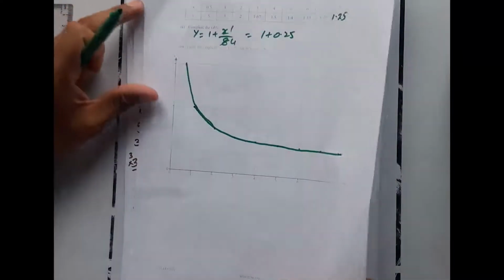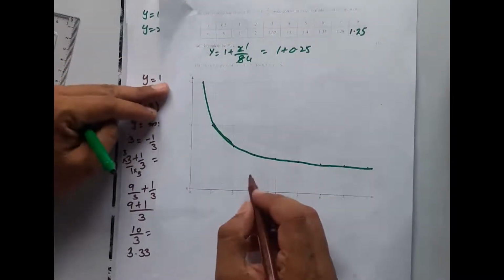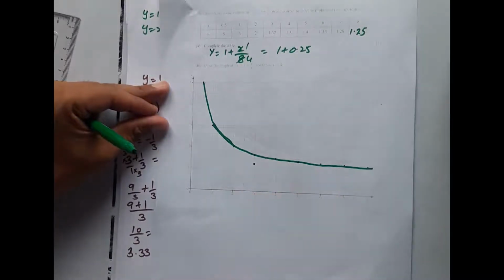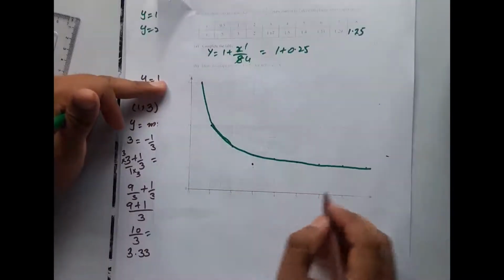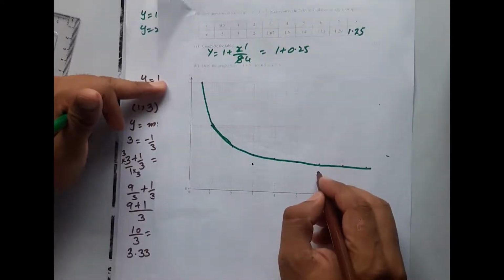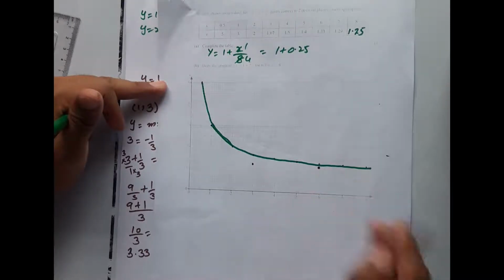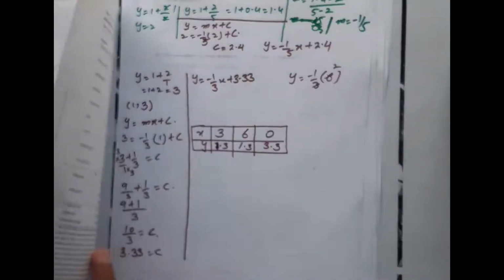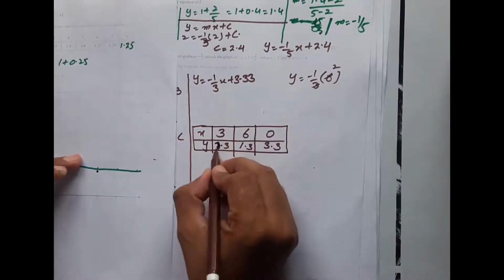So this is our graph paper. We have x equal to 3 and y equal to 2.3, and we have 6 and 1.3. When we put 3 we get 2.3, clear.